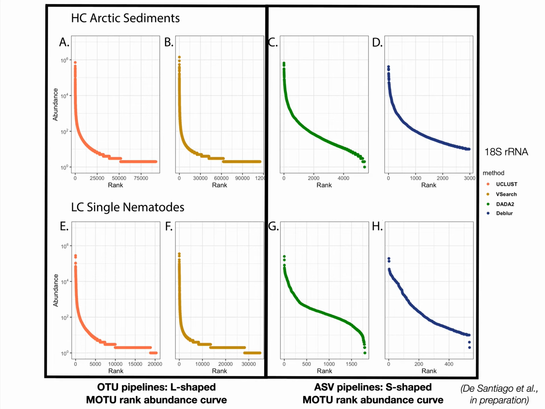On the flip side, the ASV pipelines, because they're aggressively eliminating most of those rare sequences, tend to show more of an S-shaped curve. So the curve difference varies. You'll see a little bit between DADA2 and deblur. DADA2 has a little bit more of a long tail, and that's again related to the aggressive elimination of the rare OTUs in the deblur pipeline.